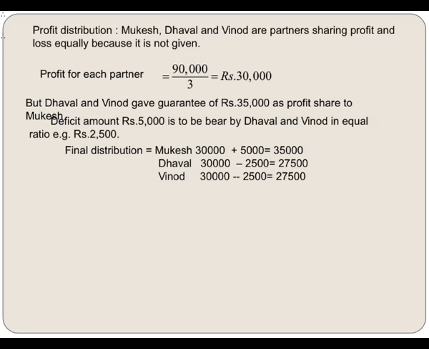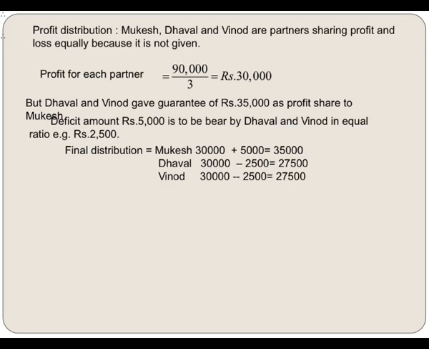The total profit of the firm is 90,000. So Mukesh, Dhaval and Vinod will get 30,000 each. But here, as per the question's instruction, Dhaval and Vinod have given a guarantee to Mukesh of a minimum of 35,000 rupees profit. As per the calculation, Mukesh's profit share is 30,000.